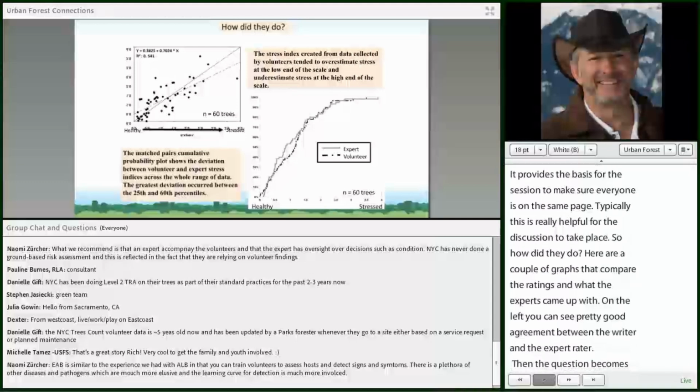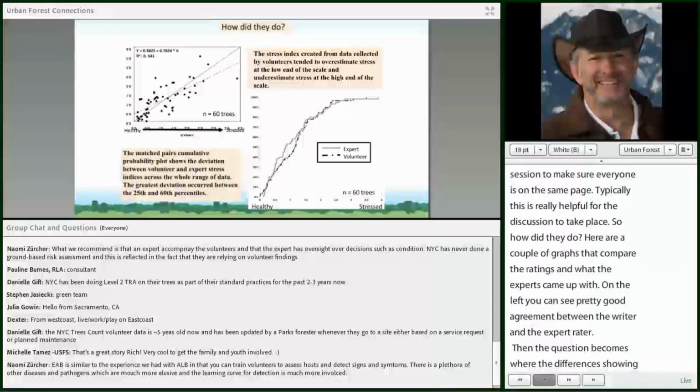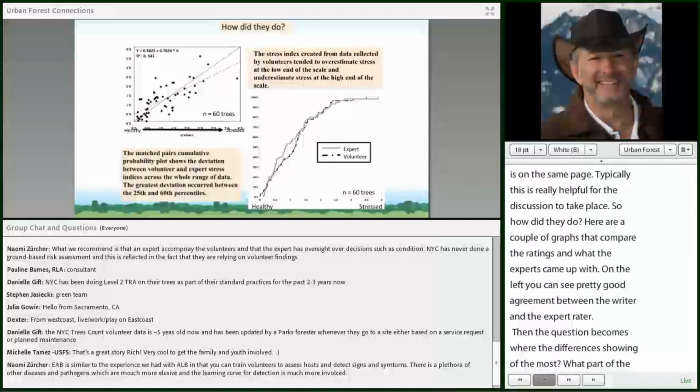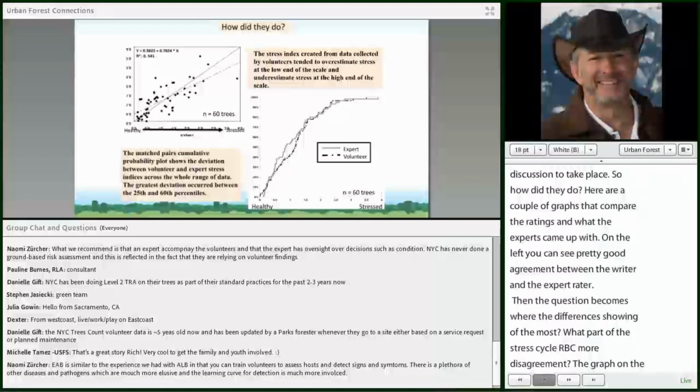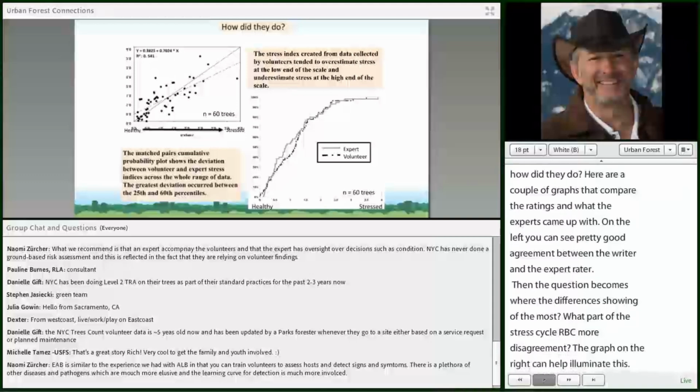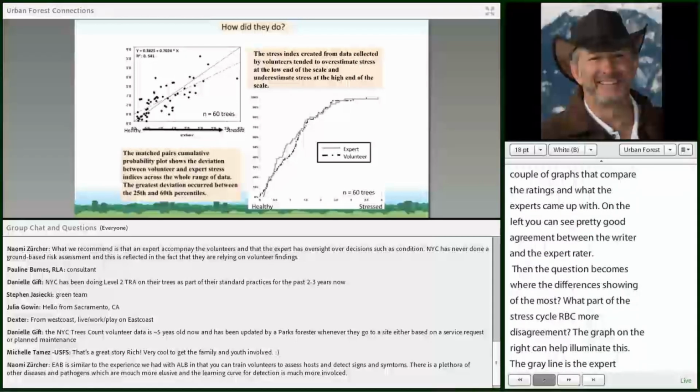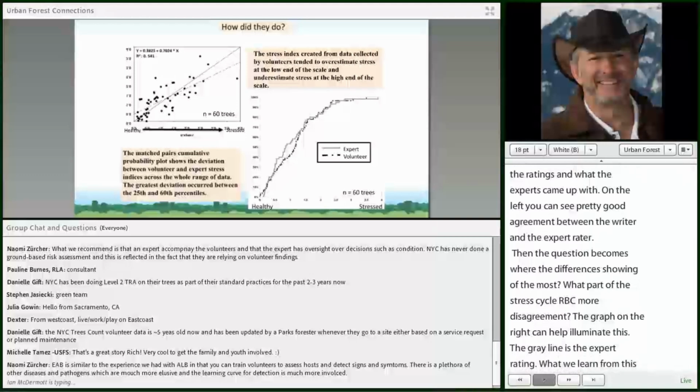And so then the question becomes, where are the differences showing up the most? What part of the stress cycle are we seeing more disagreement? And the graph on the lower right can help illuminate this. You see that the gray line is the expert ratings and the black solid line is the ratings by the volunteers. What we learned from this graph is that at the healthy end of the scale and then at the sickest end of the scale, we see very good agreement between the two raters.